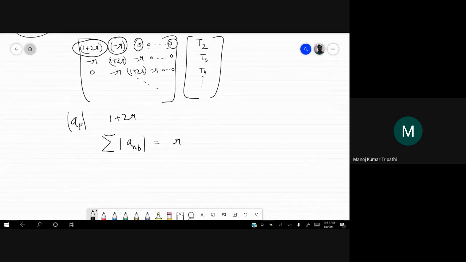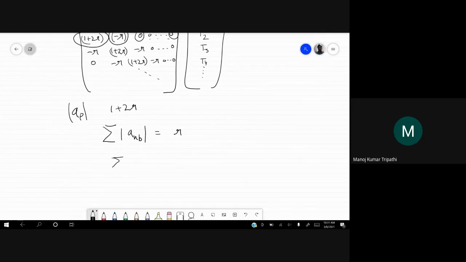The second equation, A and B summation is 2R. So this R and this R becomes 2R, and mod AP is still 1 plus 2R.